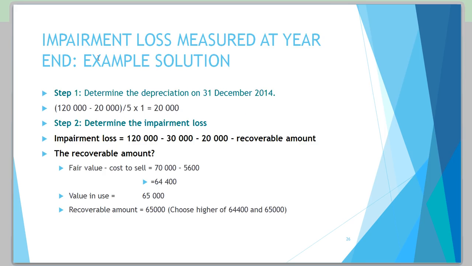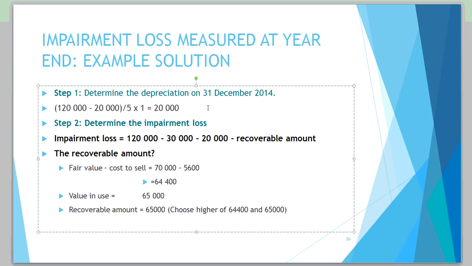So there, again, you will determine your depreciation, but now depreciation is not measured up till April, but for the full year. So we'll say 120,000 less the residual value divided by 5 times 12 over 12 gives us 20,000. Then our impairment is the cost less the accumulated depreciation, which is the 30,000 given and the 20,000 that we've just calculated, less the recoverable amount.